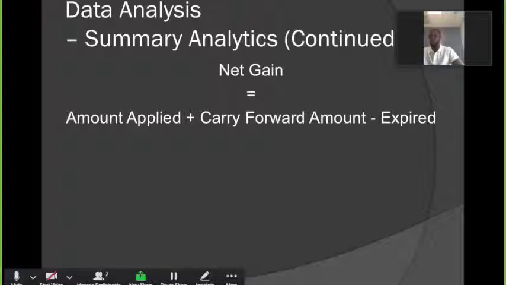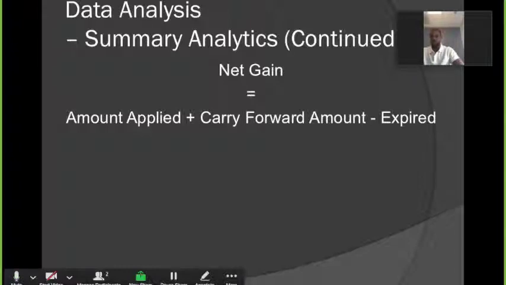So there's one additional formula which is really important to understand for context as I continue to go through this presentation, which is the net gain. As we've described some of these terms earlier, the net gain helps to give a better understanding of the overall gain that an applicant, which can be an individual or employer, gains from using tax credits.